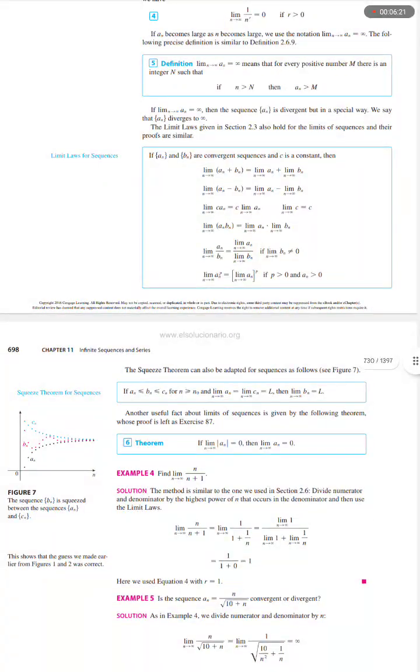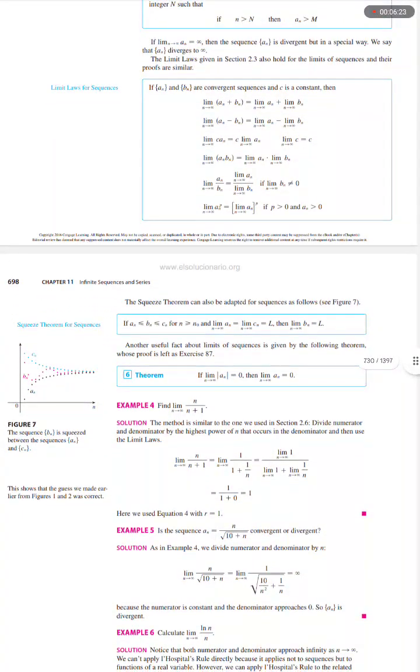Squeeze theorem for sequences. The squeeze theorem can also be adapted for sequences as follows in Figure 7.